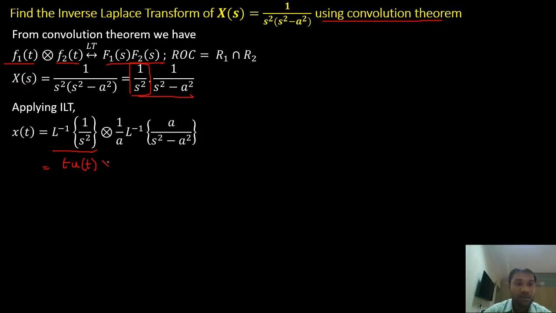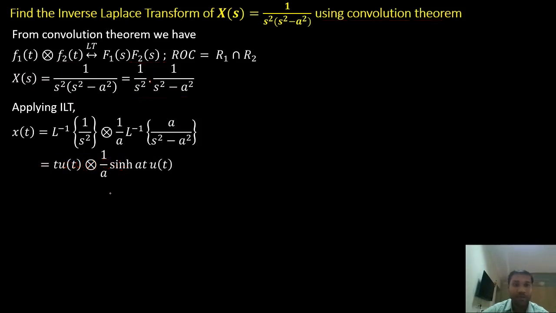That is Laplace inverse of 1 by s square, and the second Laplace inverse is nothing but sinh at into u of t. This is another Laplace transform pair. If you remember, we have seen a table of Laplace transforms. In that we have Laplace transform of sinh at. So that is the inverse Laplace transform, the convolution of two signals.